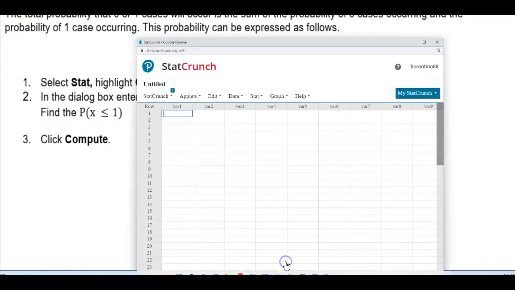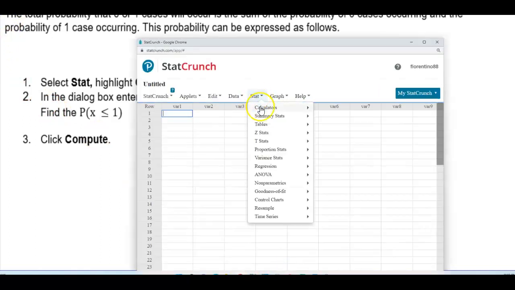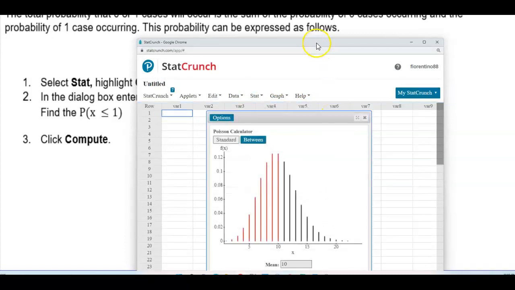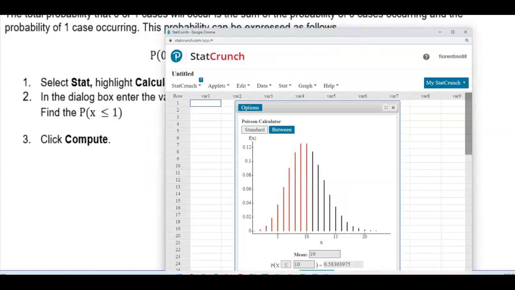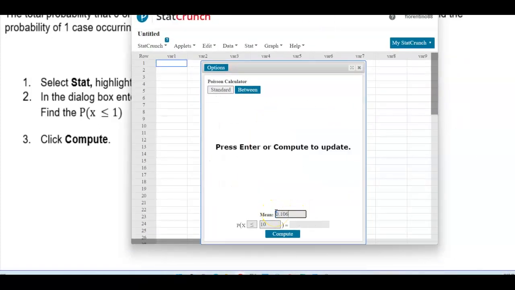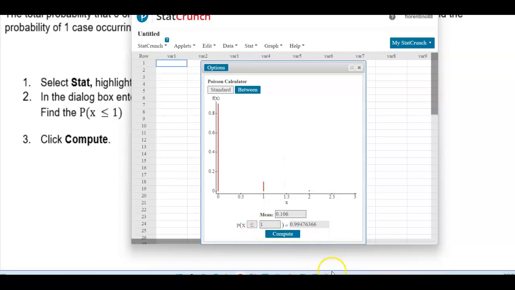So opening up StatCrunch, we're going to select Stat, Calculators, and then scroll all the way down to Poisson. We want to put in our mean that we found to be 0.106. And we know that we're looking for x to be less than or equal to 1, and then select Compute.